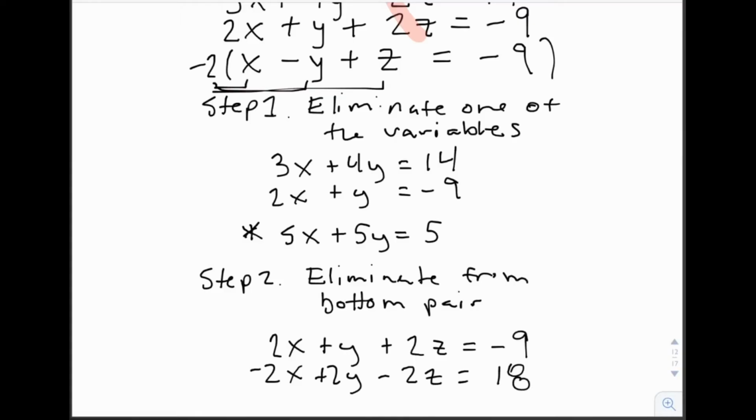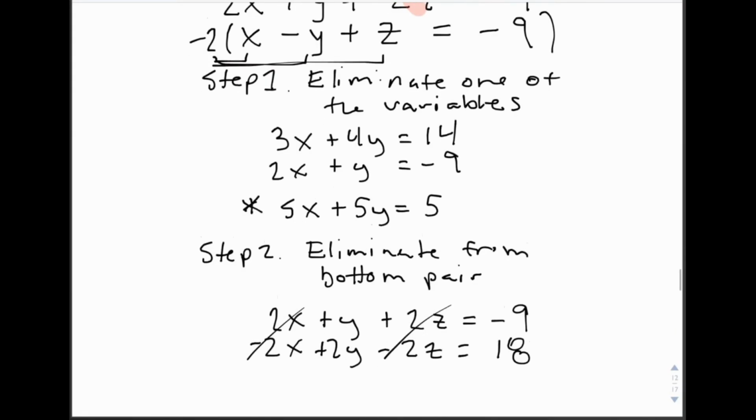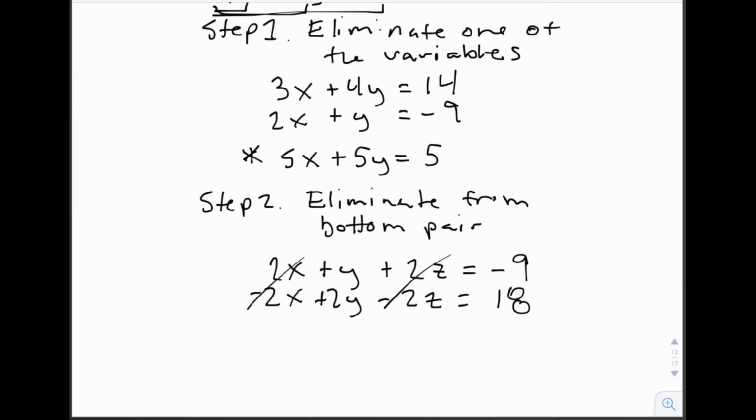So now our z's eliminate, and additionally it looks like our x's will eliminate. So let's add the result here. That will get us a positive 3y equal to a positive 9. And it looks like we can just solve for y here. So divide by 3, and you should get y is equal to a positive 3.